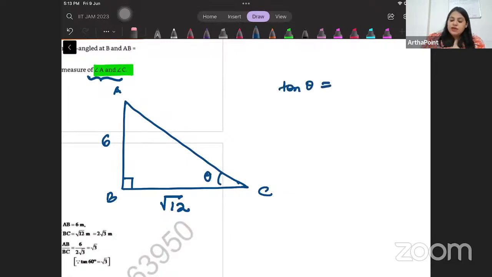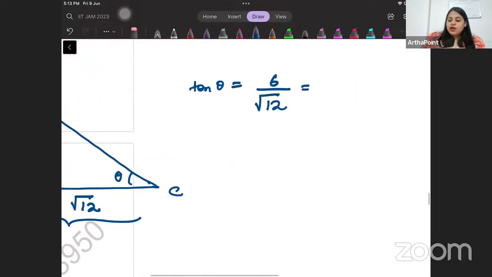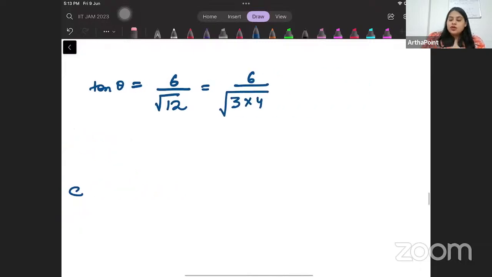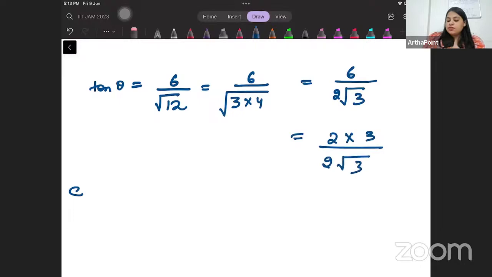Tan theta will be perpendicular by base, so it will be 6 by root 12. Root 12 is nothing but 3 into 4 under root, so this is 6 by 2 root 3, which is 2 into 3 by 2 root 3. So this will be root 3.